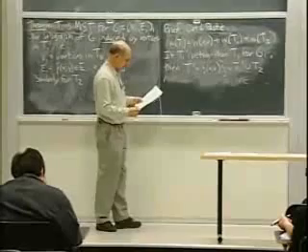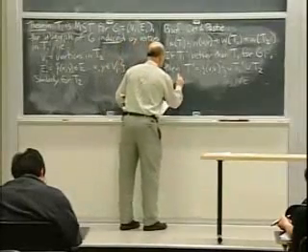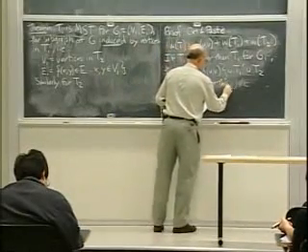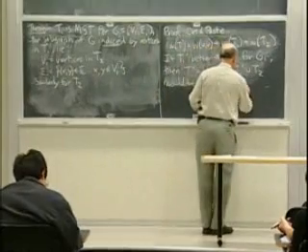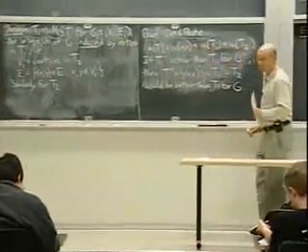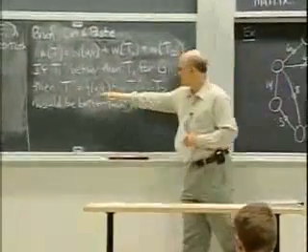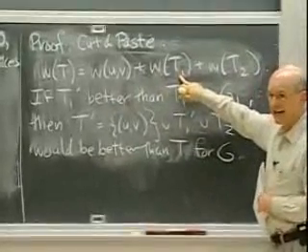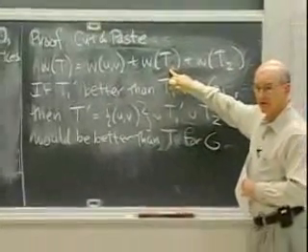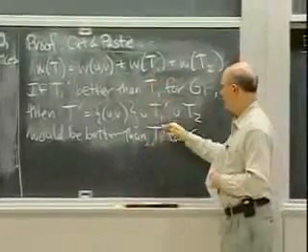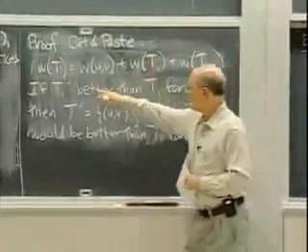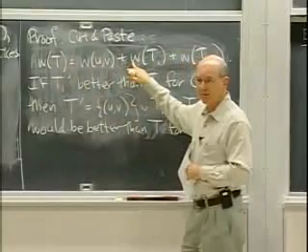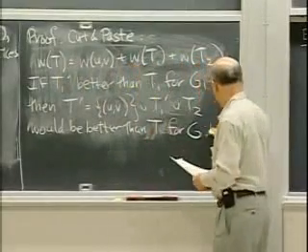That would be a spanning tree, and it would be better than T itself was for G. Because the weights are the same except I now get to use the weight of T1 prime, and that's less. And so the assumption that T was a minimum spanning tree would be violated if I could find a better one for the subpiece.